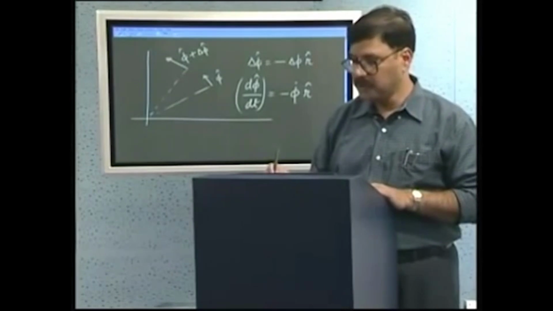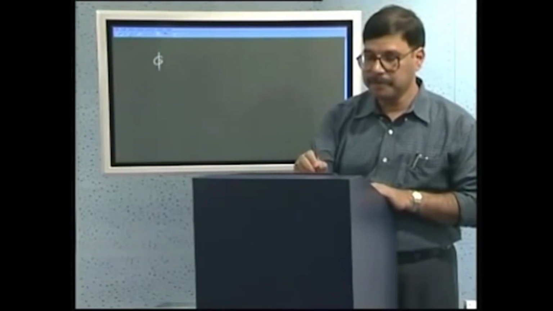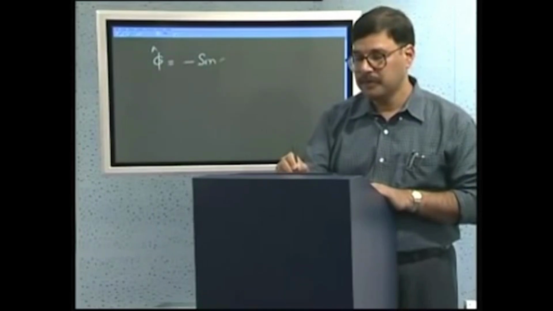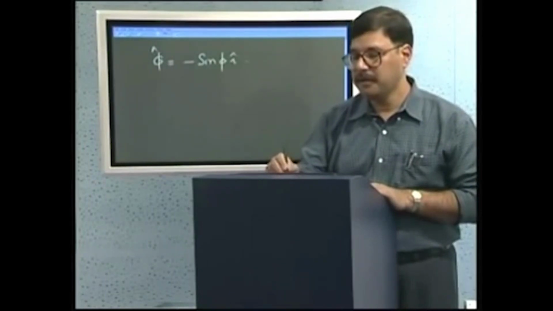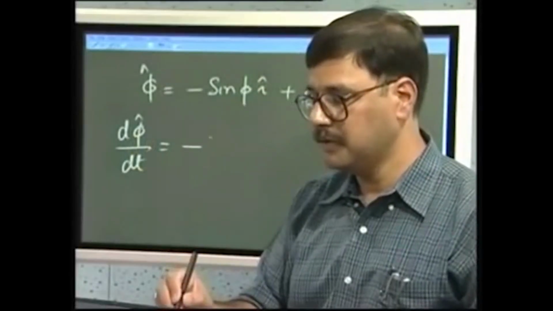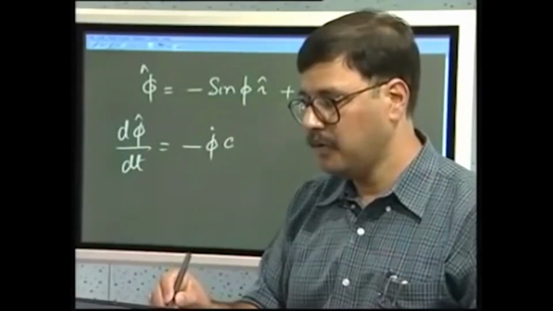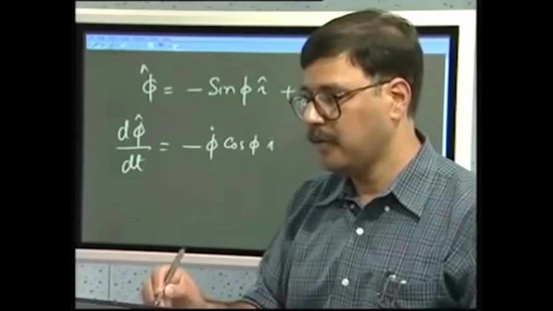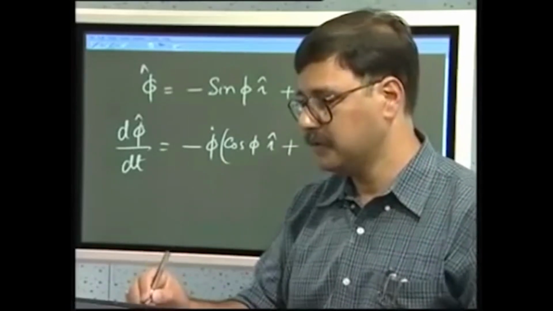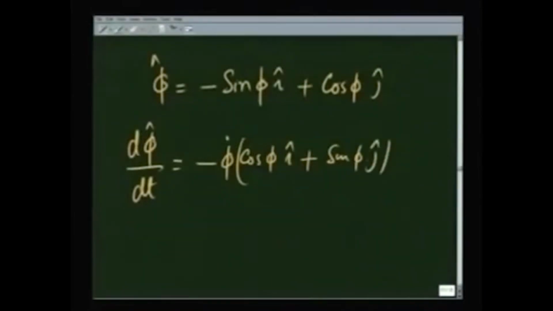I will go to the definition of phi unit vector, which was minus sine phi i plus cosine phi j, and differentiate to get minus phi dot cosine phi i plus sine phi j.